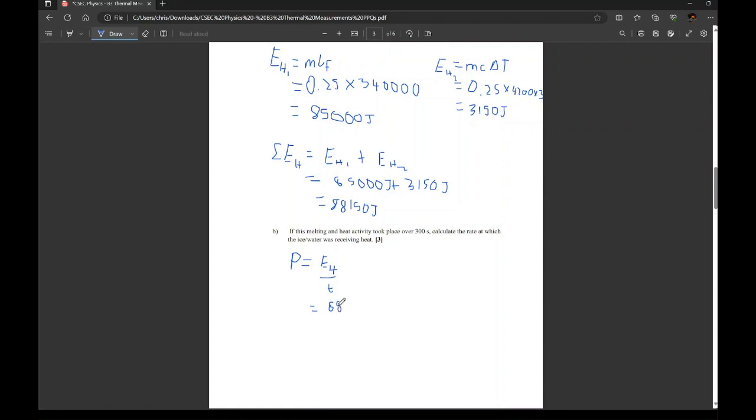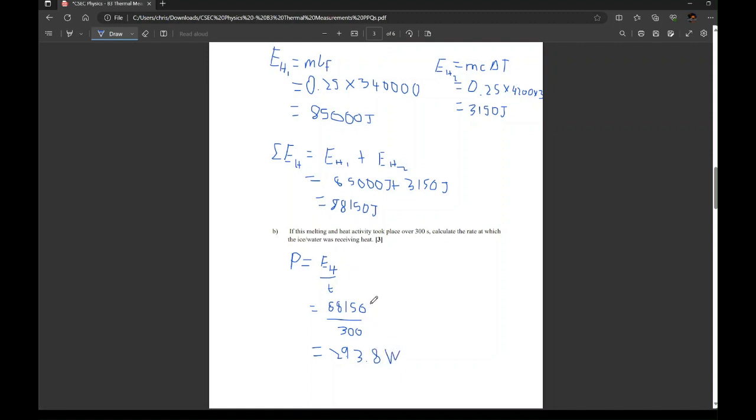and that's going to be our value of 88,150 divided by 300, and that's supposed to give us, to one decimal place, 293.8 watts.